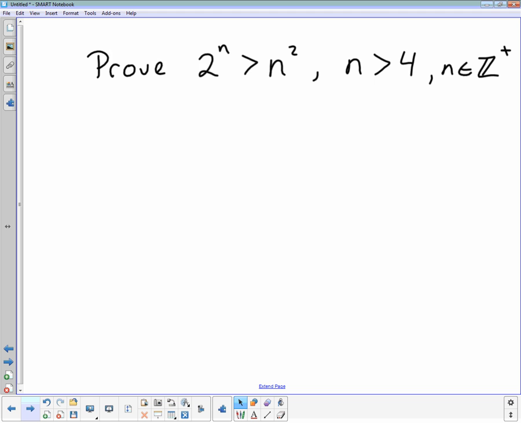So now let's test the base case and see that it holds. What would the base case be, by the way? For all numbers greater than 4, so it must be 5, right? So 2 to the 5th is, right?